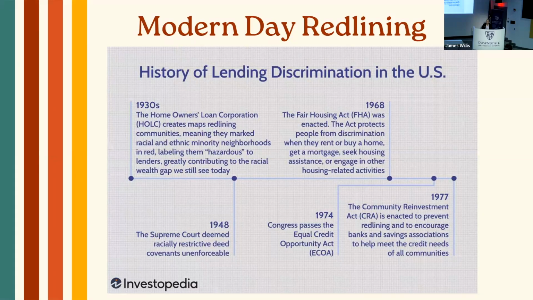What this meant is that examiners conduct assessments of banks and issue performance ratings about how they're doing in terms of lending to low income communities. This grade is used to determine if banks are able to merge or open new locations.